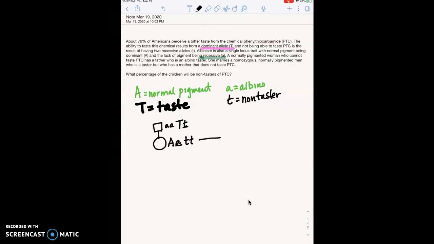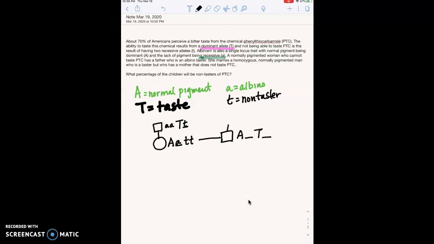Okay, she marries a guy who is normally pigmented, so he's got to be one big A and something. And then he's a taster, so we know he has one big T and something.